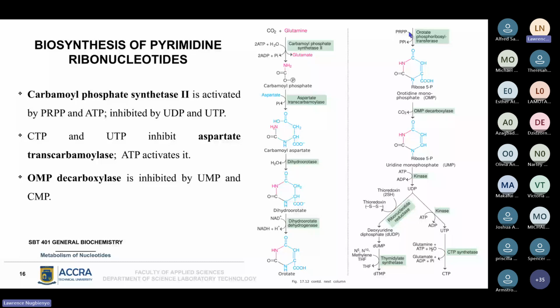But this enzyme, the carbamoyl phosphate synthetase 2, that first enzyme there, can also be regulated by feedback mechanism. And by that, the products, uridine diphosphate, UDP, and then uridine triphosphate, can inhibit the activity of that enzyme.